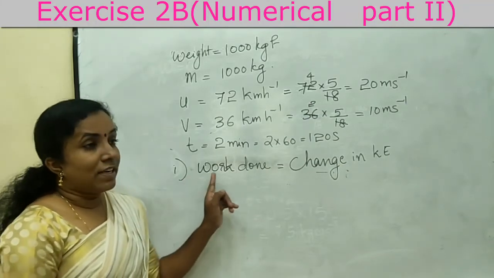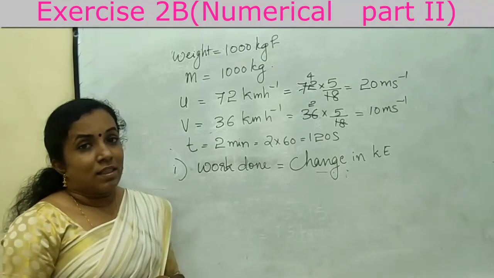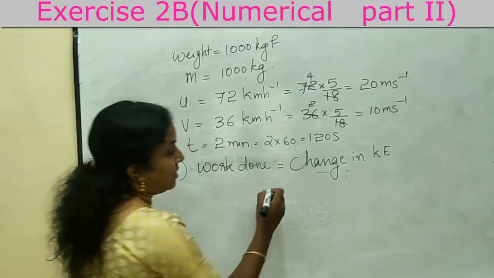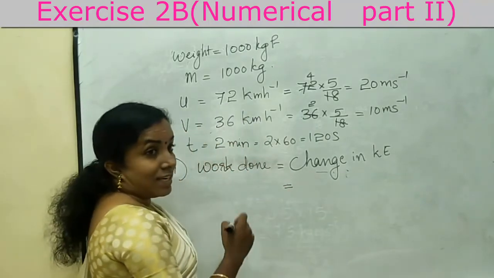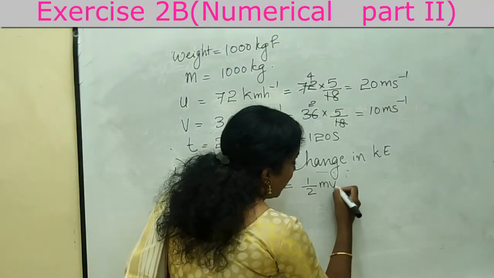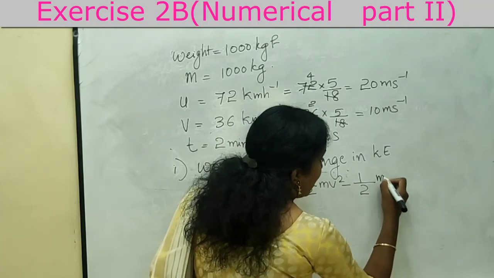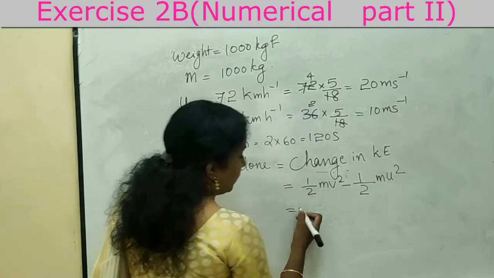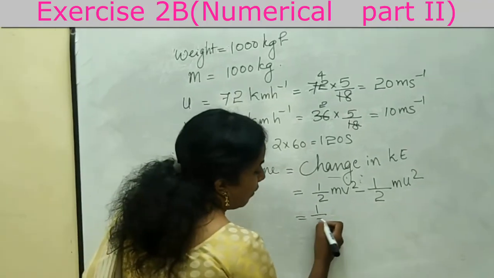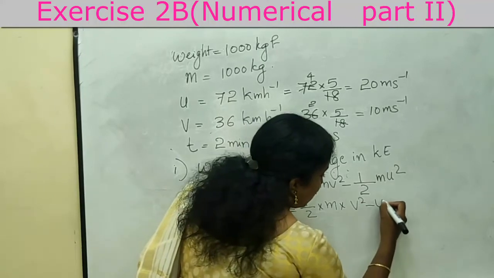Therefore, instead of finding out work done, we can find out the change in kinetic energy. What is change in kinetic energy? It is final kinetic energy half mv square minus initial kinetic energy half mu square. So it is half into m into v square minus u square.